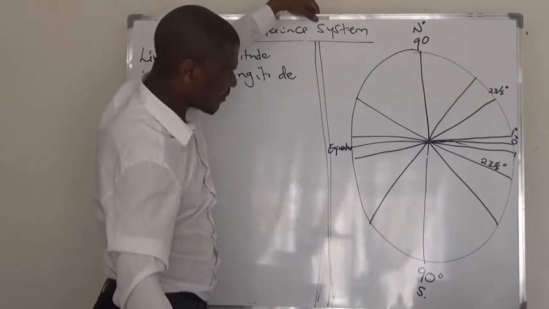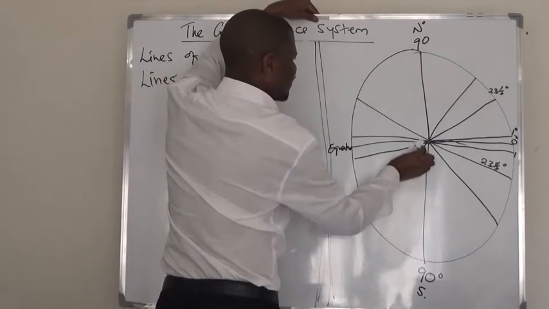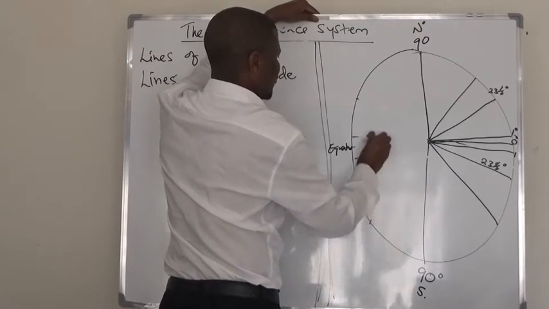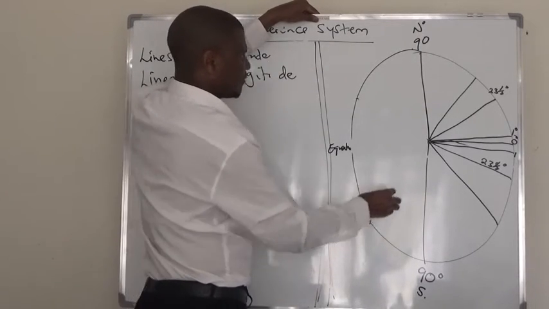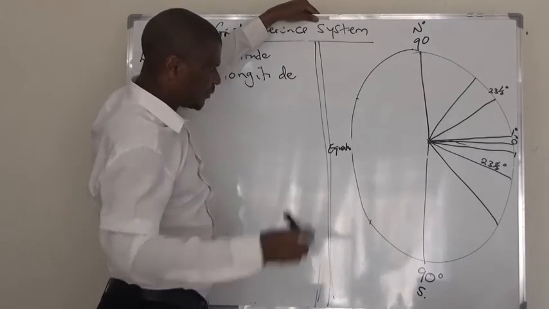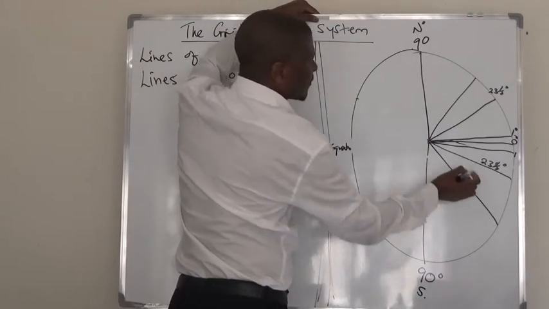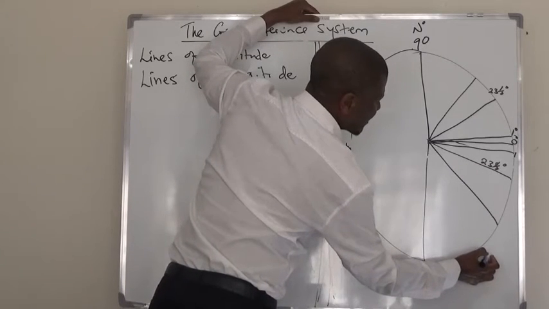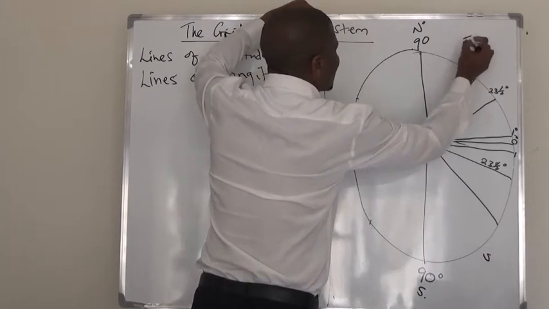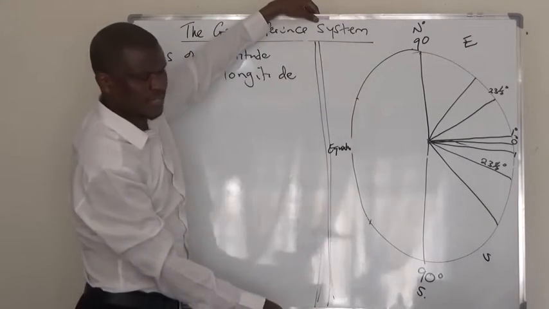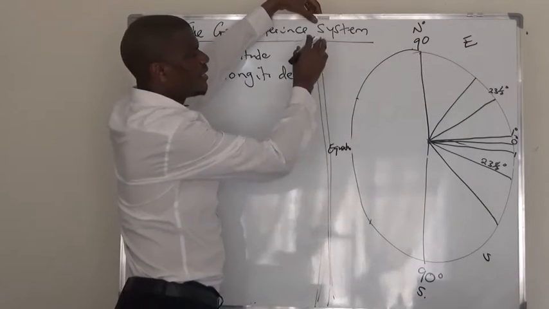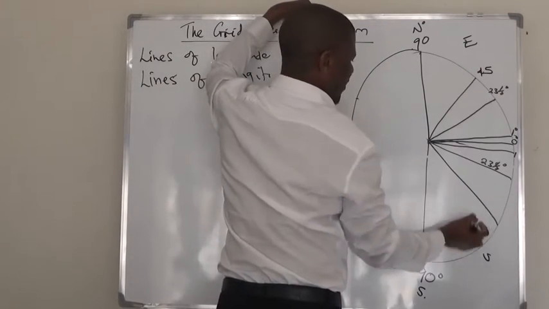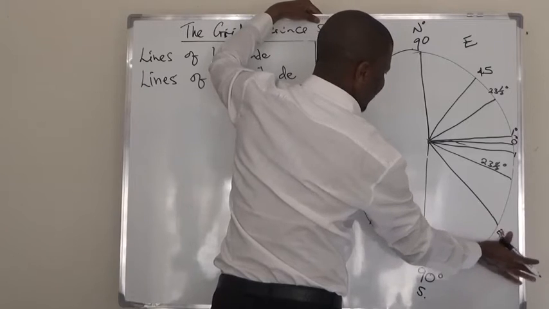Maybe let me take out some of these lines to avoid the clutter. Let's just work with one hemisphere for the time being. So they keep increasing towards the south, and keep increasing towards the north. When you have an increase towards the south, you have a similar increase towards the north. So as I have said, this would be 45, another 45 there.